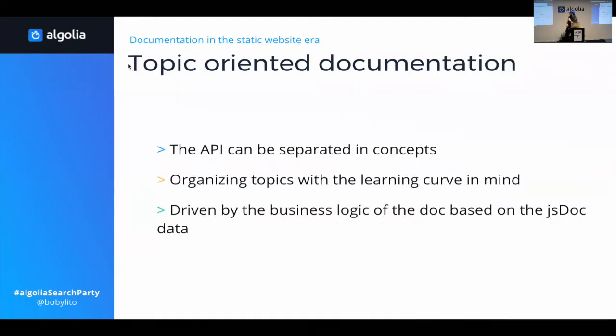When you build a library, the API can be separated in concepts. In InstantSearch, we really wanted to organize the documentation around the learning curve of the users. A beginner does not want the same thing as an expert user.